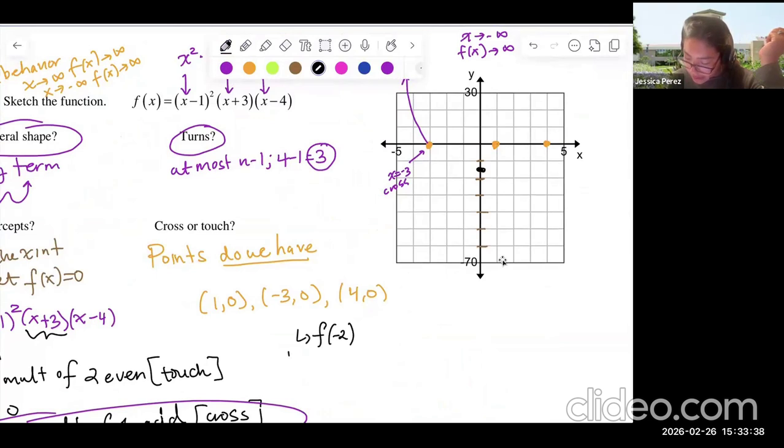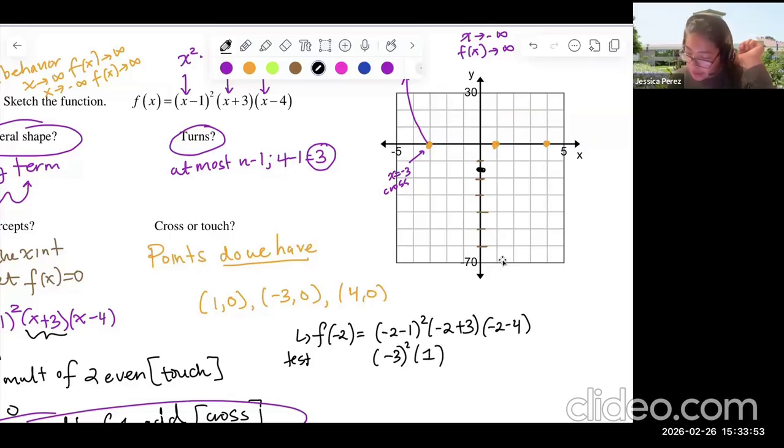So what happens at negative 2? So we want to test. At negative 2, I have (negative 2 minus 1) squared times (negative 2 plus 3) times (negative 2 minus 4). I have negative 3 squared times a positive 1 times a negative 6. So I have 9 times 1 times negative 6, which is negative 54.